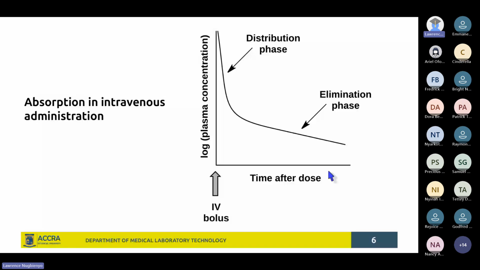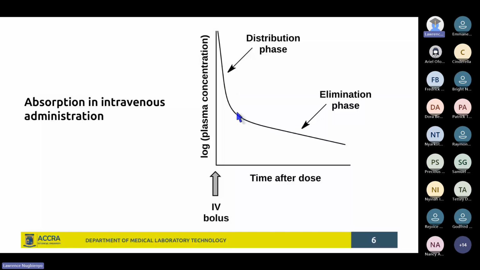And so what you see here is that you have concentration on the vertical axis and time on the horizontal axis. The concentration of the drug is high from the beginning because that substance is taken directly into the bloodstream and begins to get distributed. Once it is getting distributed, the concentration will be reducing as it is distributed to the tissues and the organs.